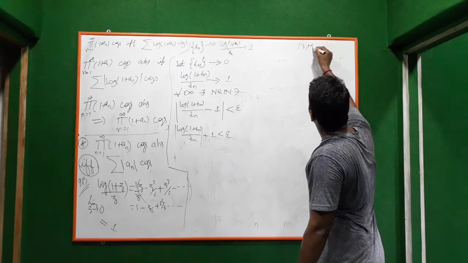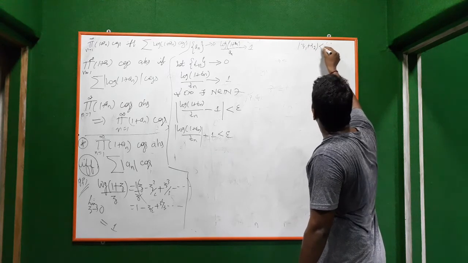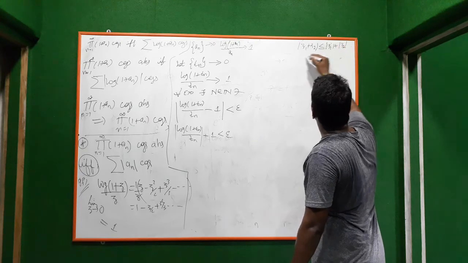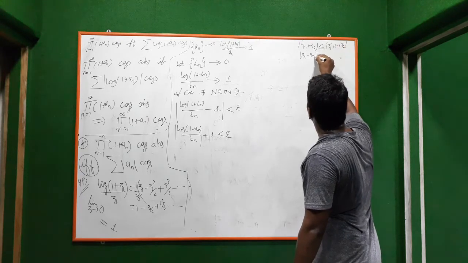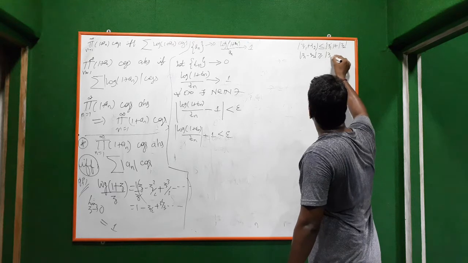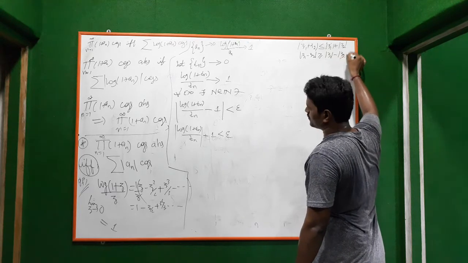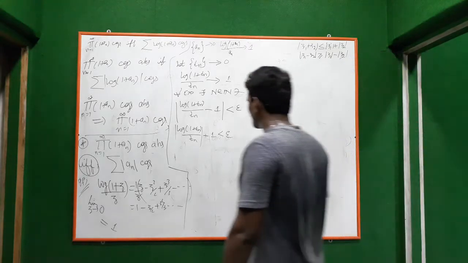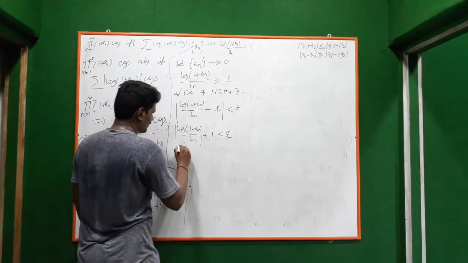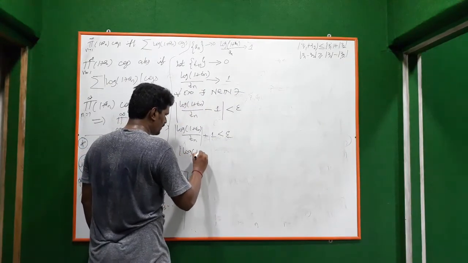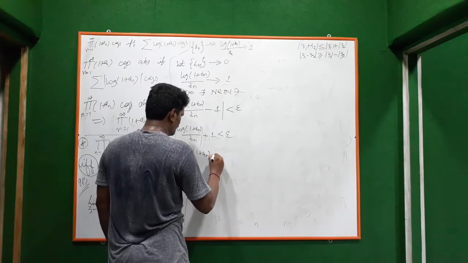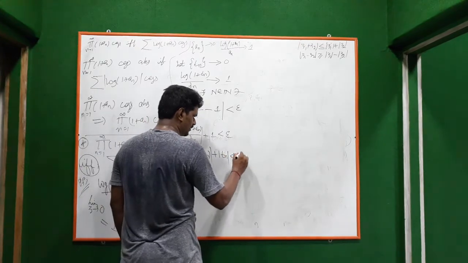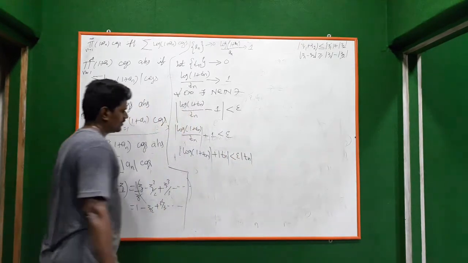mod z1 plus z2 is less than or equal to mod z1 plus mod z2. Similarly, mod z1 minus z2 is greater than or equal to mod z1 minus mod z2. So using that, we will have mod log of 1 plus t_n plus mod t_n is less than epsilon times mod t_n.